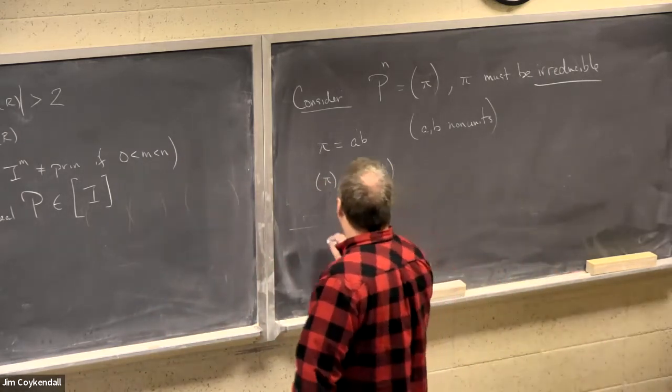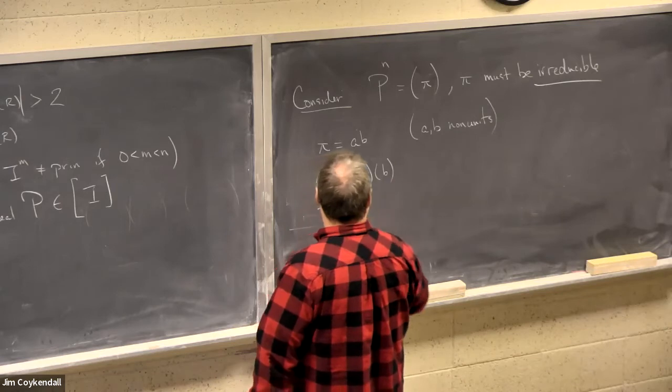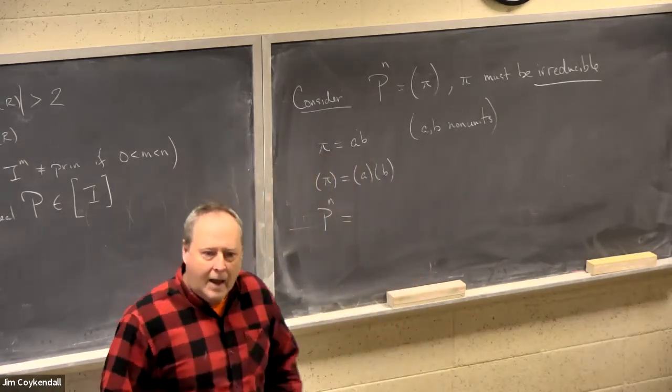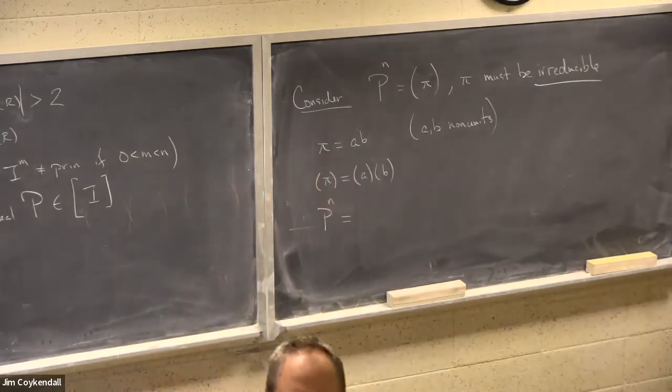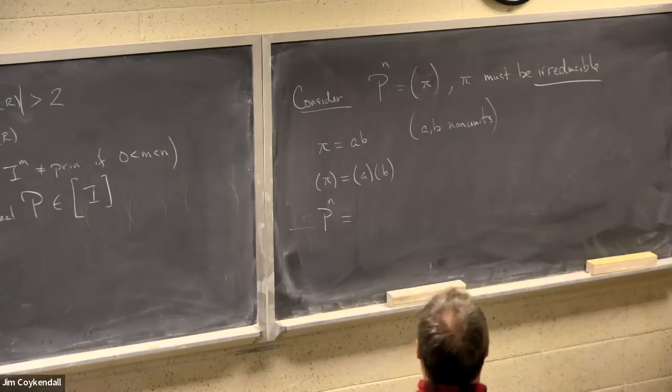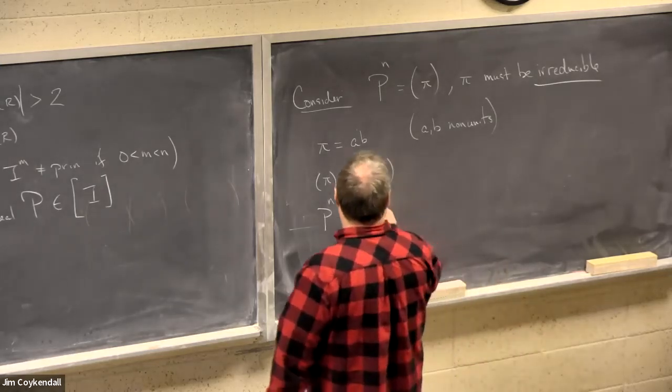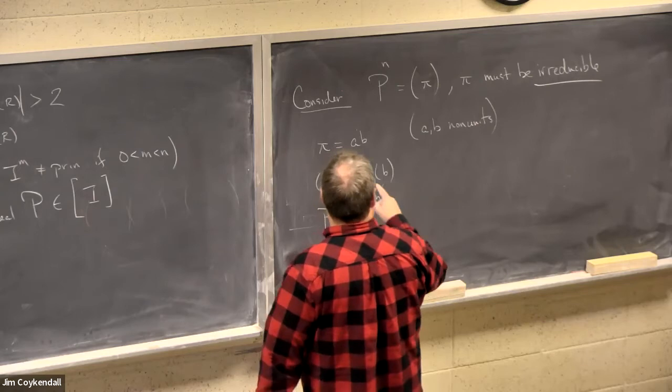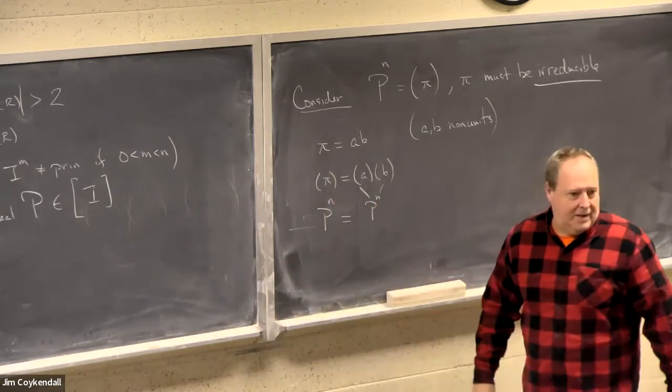But I know that it is P to the n. And here's the cool thing about it also: I know that prime ideal factorization is unique. Right? So that means that the ideal (A)(B) is P to the n.